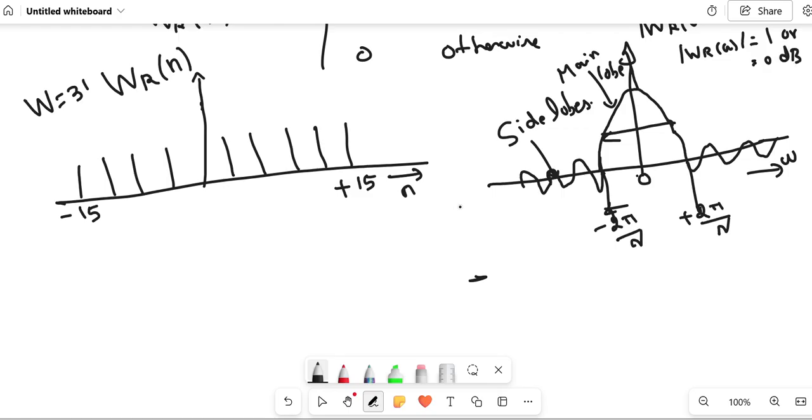So, the main lobe width is equal to this minus this, so you will get 4 pi by N. Then the side lobe amplitude, these are the side lobes.